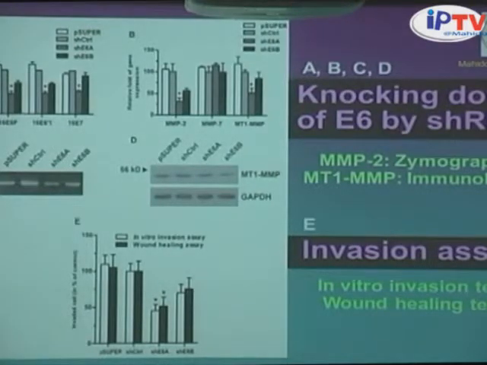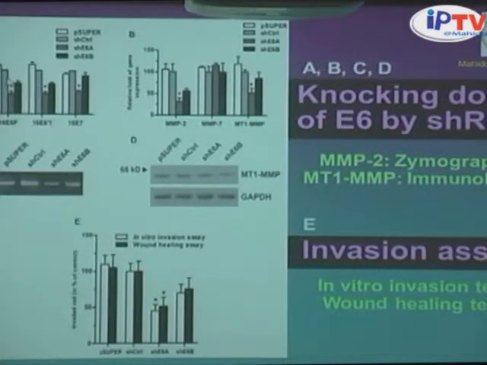Now, again, we want to make sure that E6 star is responsible for upregulating the enzyme. So we use the knockdown experiment again. We use the SiHa cell. SiHa cell is the HPV16 containing cell line.